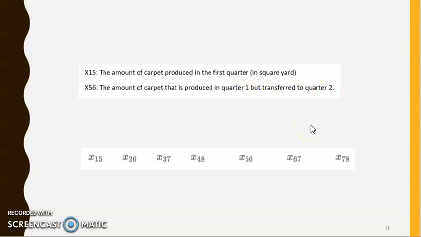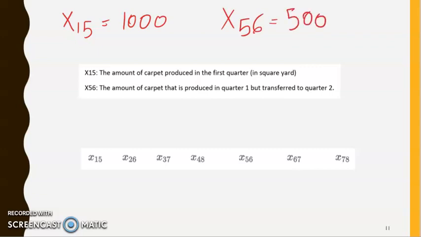So for this example, let me write them here so you can see them: if X15 is 1000 and X56 is 500, now you can answer that question.